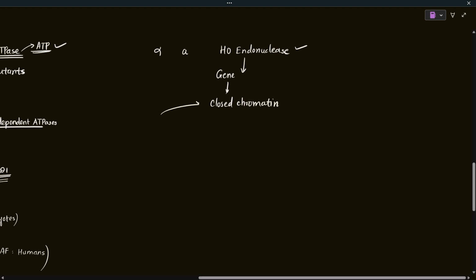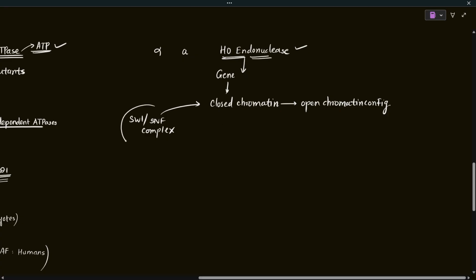Then the SWI-SNF complex works on this closed chromatin and converts it into the open chromatin configuration, so that the gene encoding HO endonuclease is now accessible. So the polymerase can come and transcribe the gene, and HO endonuclease is formed.